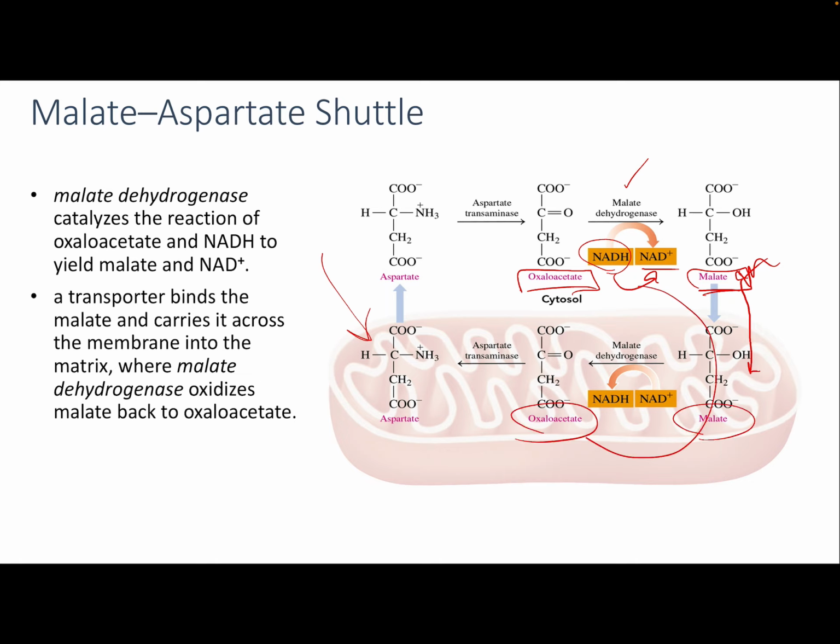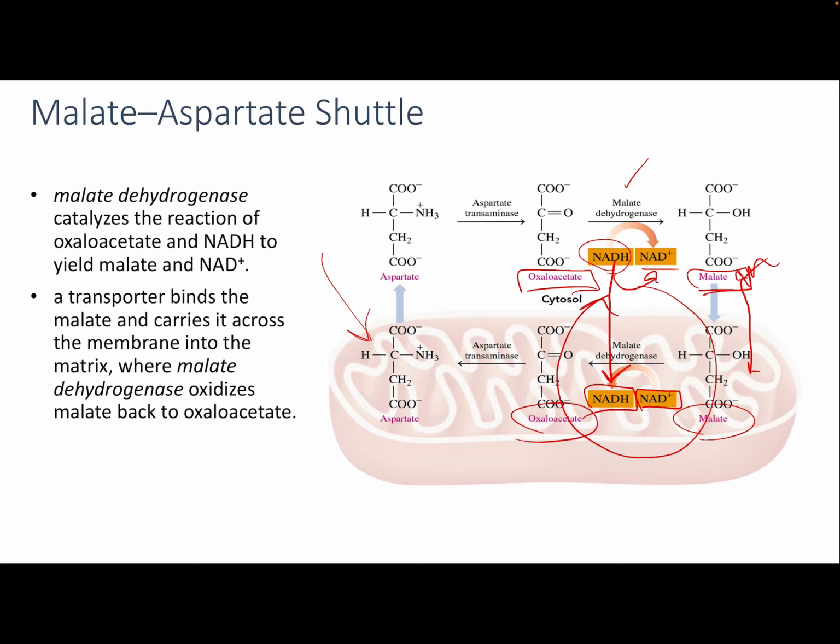So it just went in a big circle, right? But inside the matrix now, it took an NAD+ and made it into an NADH. So the equivalent of an NADH is now inside the mitochondria, and that is how NADHs from glycolysis get moved in there so that they can be added up.